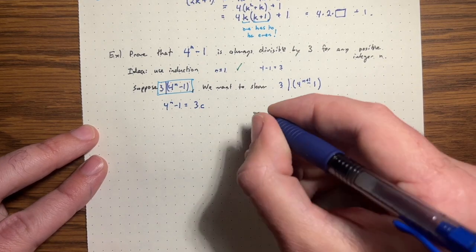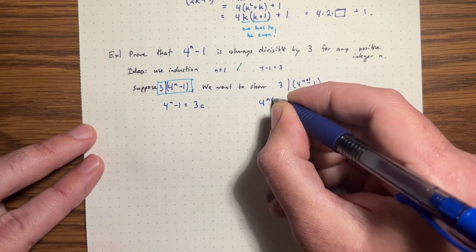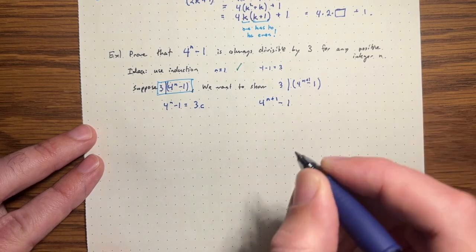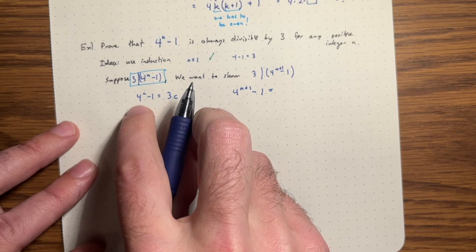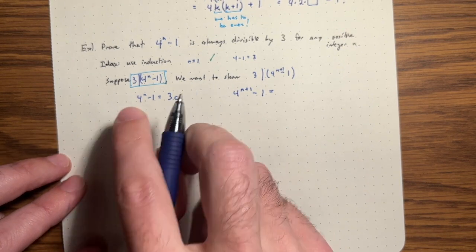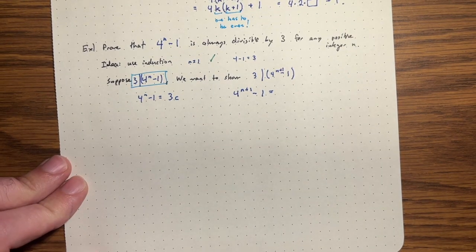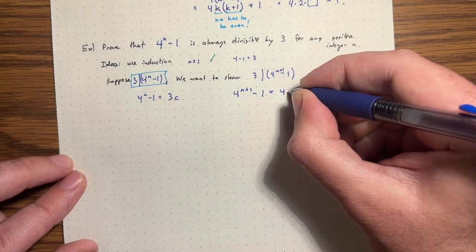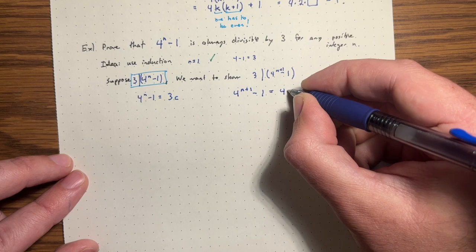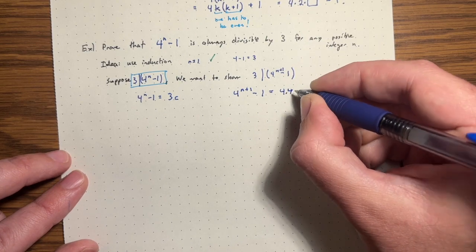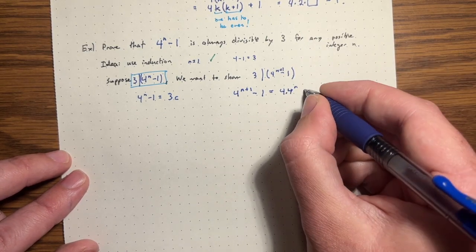We want to show this, so let's start with this number, 4 to the n plus 1 minus 1, and see if we can maybe get this to appear over here, 4 to the n minus 1. Here's one thing I can do. I can factor out a 4 from this. I can rewrite this exponential as 4 times 4 to the n, minus 1.